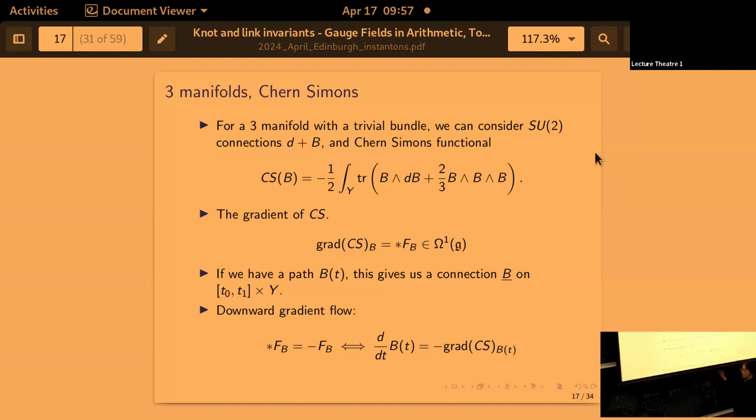Same as in 4 dimensions, you can take a space of connections and quotient by these automorphisms of the bundle. And then it goes to R mod Z.